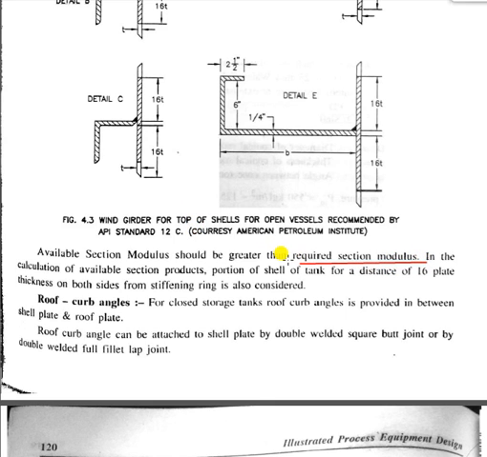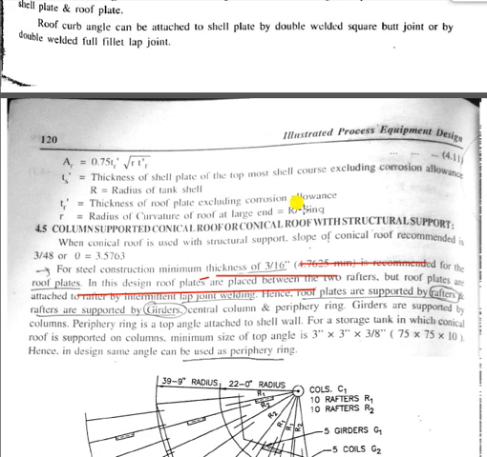In the calculation, the available section modulus includes the portion of the shell of the tank for a distance of 16 plate thicknesses on both sides of the stiffening ring. Now in the next lecture we will discuss the conical roof, or conical roof structure support.